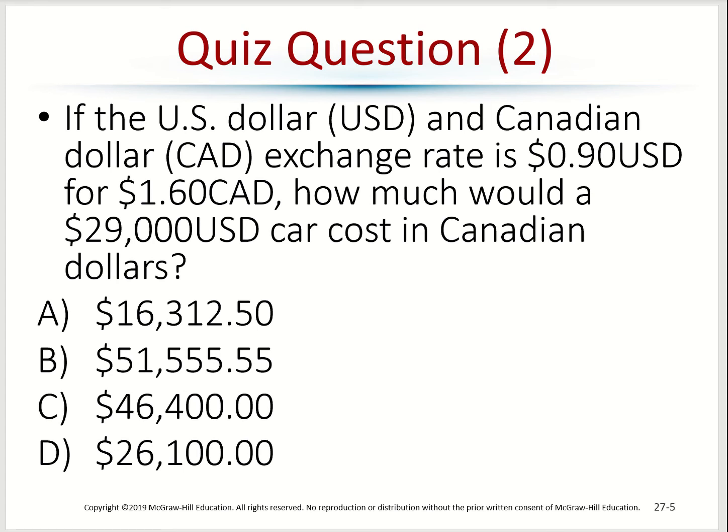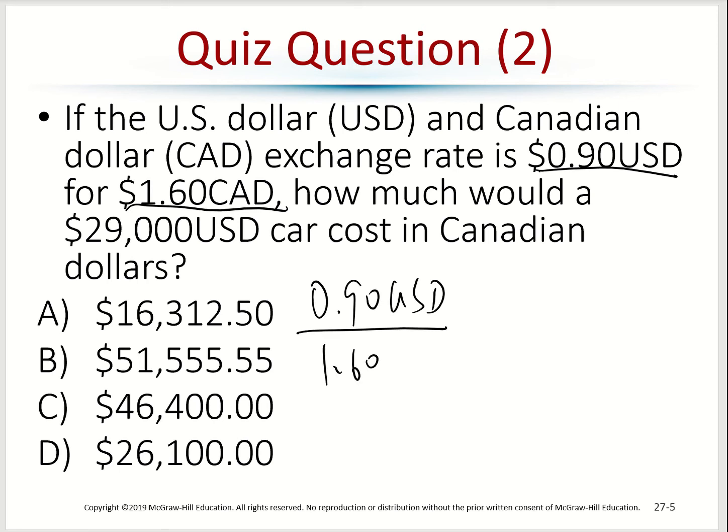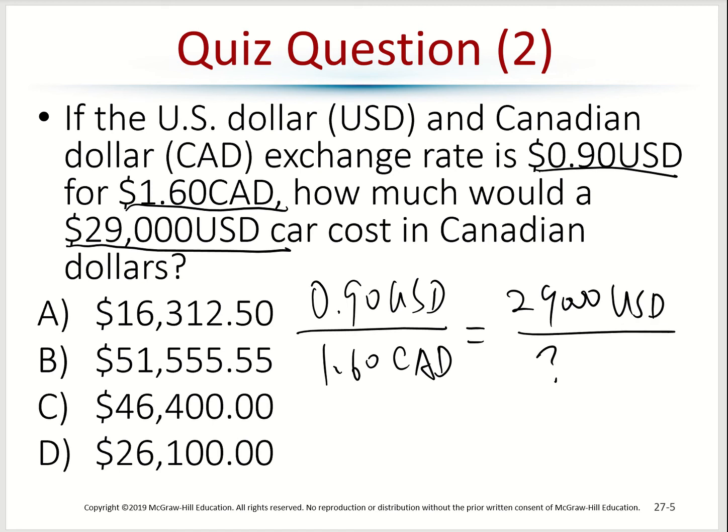So we're going to do the exchange rate first: 90 cents US dollar divided by $1.60 Canadian dollar equals US dollar on top, so 29,000 USD over question mark Canadian dollar, right? And then just solve for the question mark.